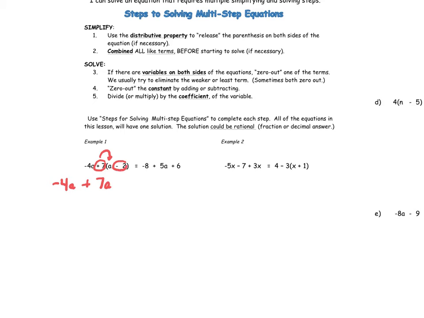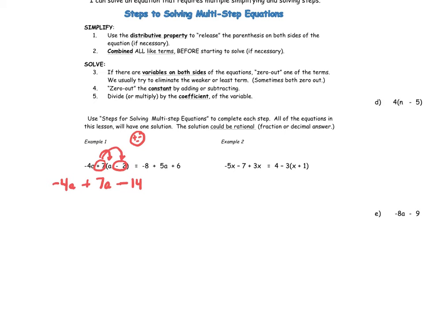This is a minus 2, but we're going to look at it like it's a negative 2. And I'm going to take positive 7 times negative 2. I'd put that in your calculator, but just to remind you, a positive times a negative is a negative. So 7 times 2 is 14, and it's positive times a negative, so it's a negative 14. And I'm going to write that as minus 14.